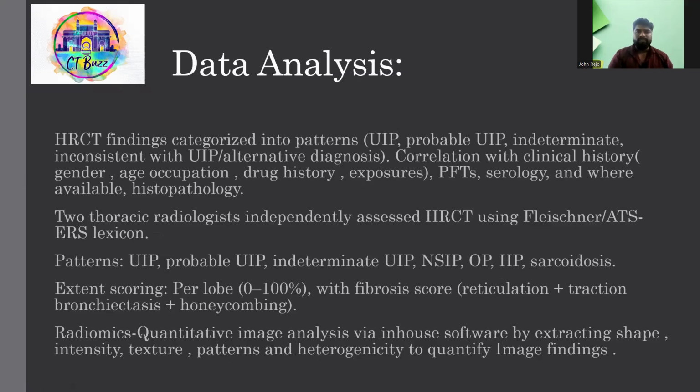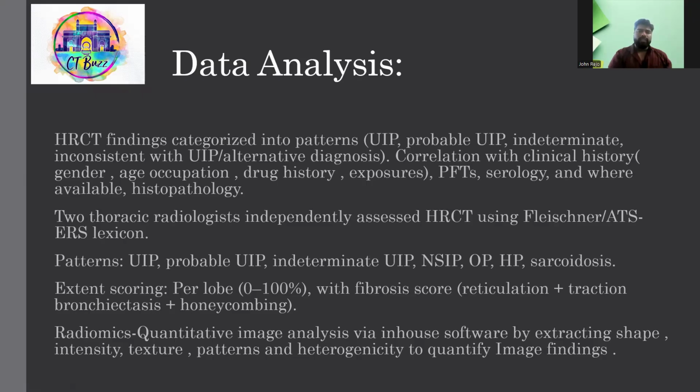Data analysis: HRCT findings were categorized into patterns: the UIP pattern, probable UIP pattern, indeterminate for UIP, and inconsistent with UIP or alternate diagnosis. Correlation with clinical history was done: gender, age, drug history, exposure like occupational exposure, with PFTs, with serology, and whenever available, histopath considerations.